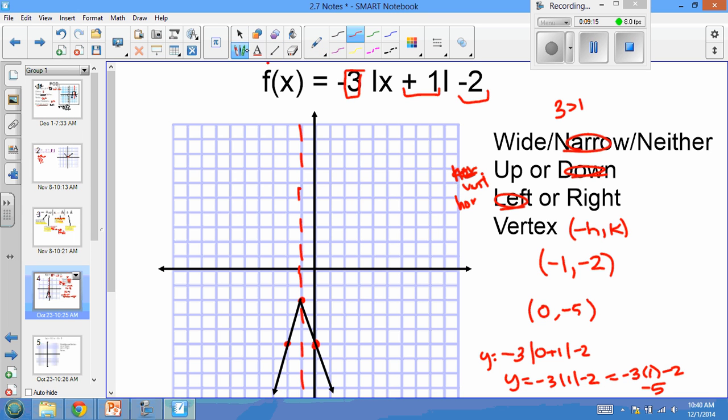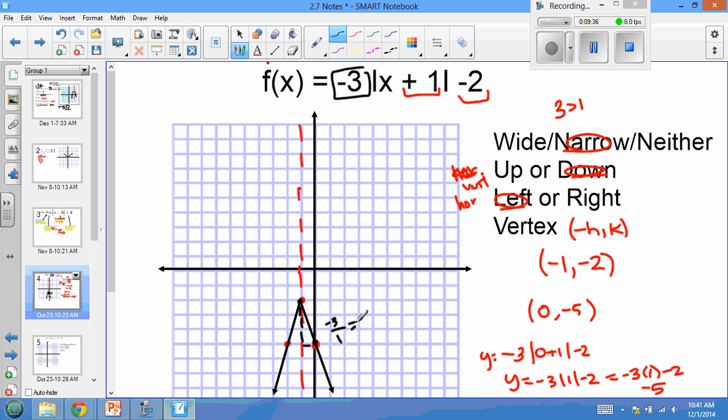Okay, if you take a second, look at your value out front of your absolute value. So you have a negative 3. Do you notice anything about your vertex going down to the point you evaluated? We went down 1, 2, 3. So I went down 3, and then I went right 1.